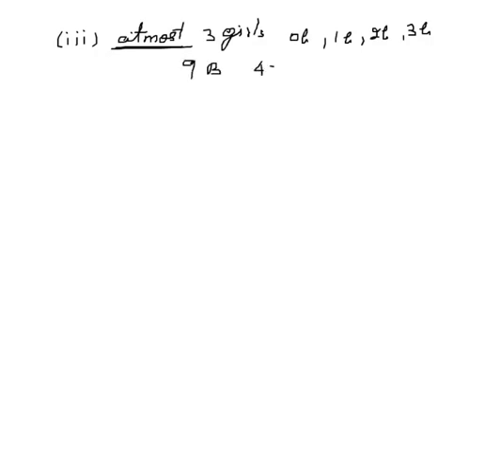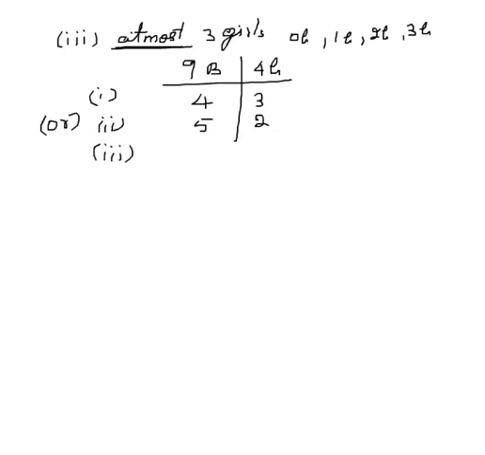Out of 9 boys and 4 girls, the first case, select 3 girls, remaining 4 boys should be selected out of 9, or select 2 girls, the remaining 7 minus 2, 5 boys we have to select.